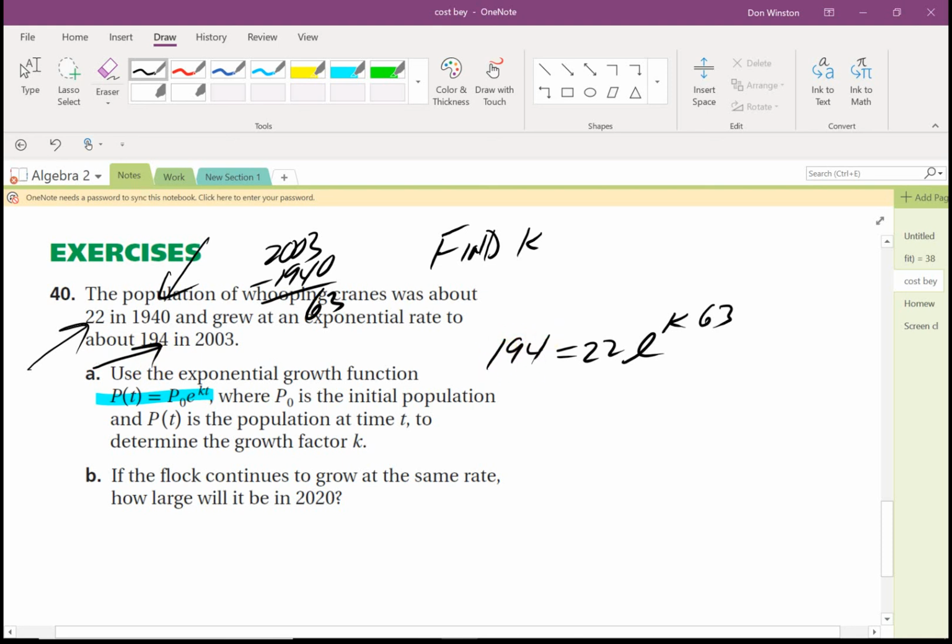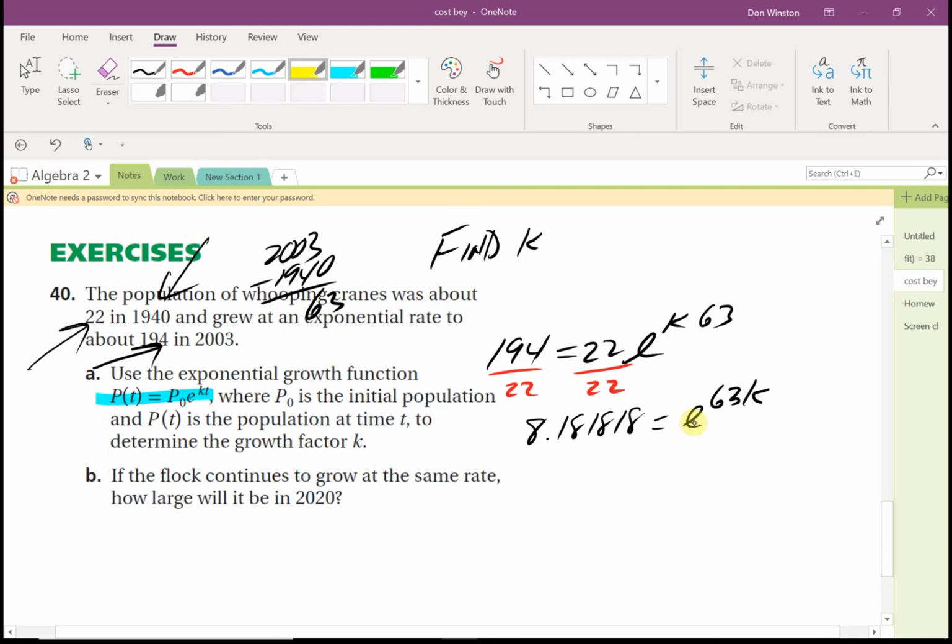Okay, so that's how I can set that up. So we divide by 22. I get 194 divided by 22, and that will give me 8.181818 and on and on, equals e raised to 63k.